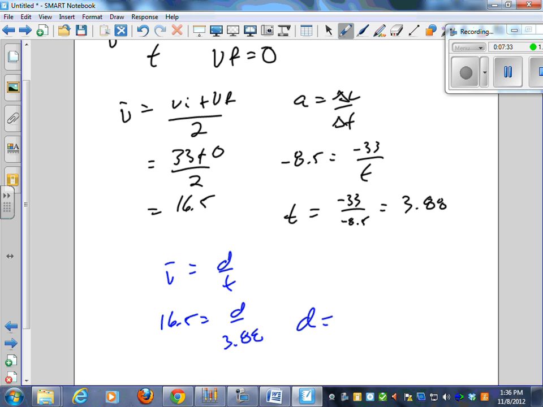That's the time, negative 33 divided by 8.5. It's asking for a braking distance. Can somebody help me out with 16.5 times 3.88? 64.02. 64 meters.